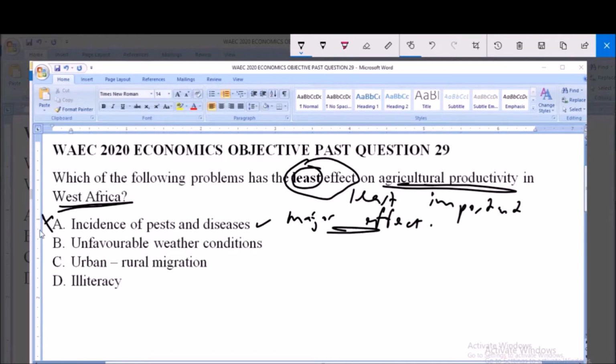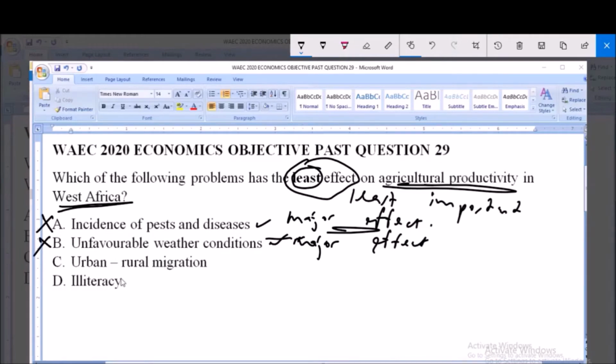Hence, this is not the answer. Option B says unfavorable weather conditions. It also has a major effect, because unfavorable weather conditions as well as unpredictable climates, especially in rural areas in West Africa, majorly affect agricultural productivity. So it is not the answer to the question.